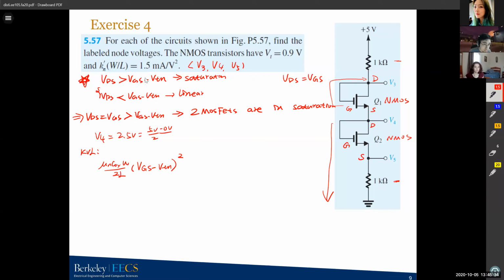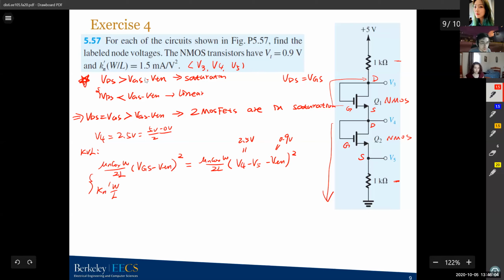Your VGS equals VDS, which is mu n Cox W over 2L times V4 minus V5 minus VTN squared. You have VTN equals 0.9 volts, and V4 equals 2.5 volts. So you just have one variable in the current equation. And we also have Kn prime W over L equals 1.5 milliamps per volt squared, where Kn prime is mu n Cox.